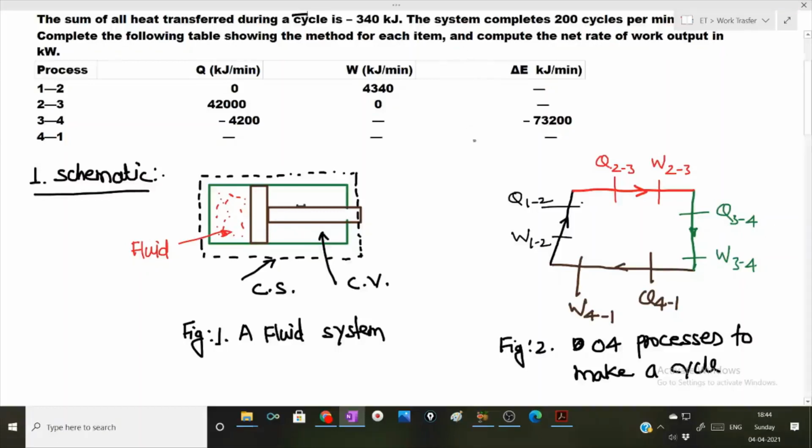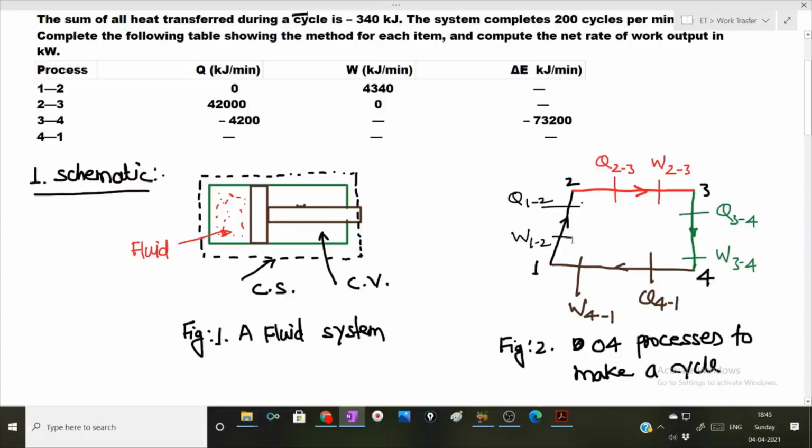These processes are shown in figure 2, and they are process 1 to 2, 2 to 3, 3 to 4 and 4 to 1, and different heat and work interactions involved during each process are shown in the figure. So this is the required schematic for this problem.